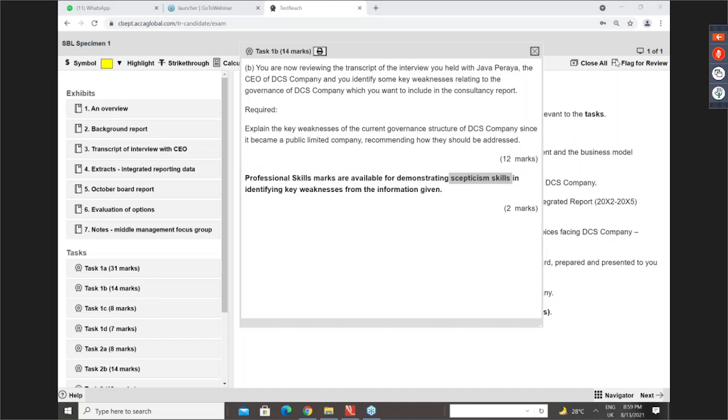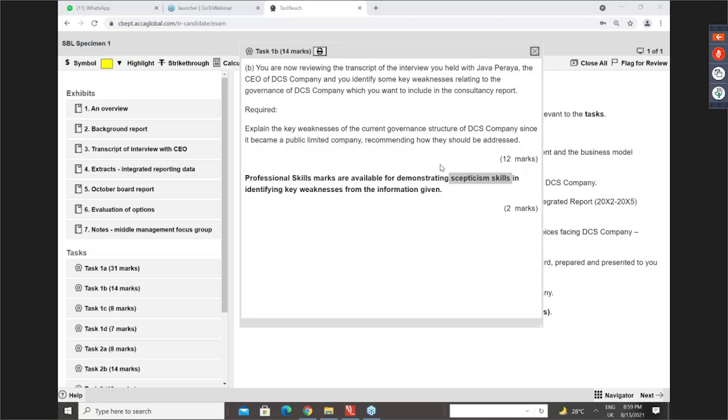No, we will have to give 4. Majority of you are right, because we will divide by 4 marks. So whenever the question says identify weakness and give recommendation, we follow 4 marks, right?